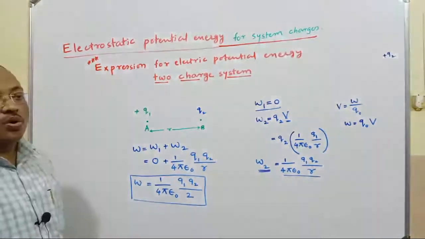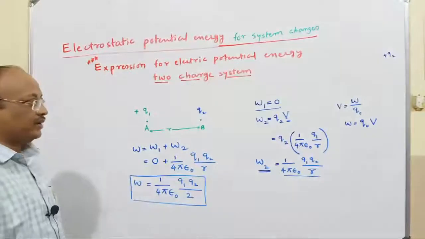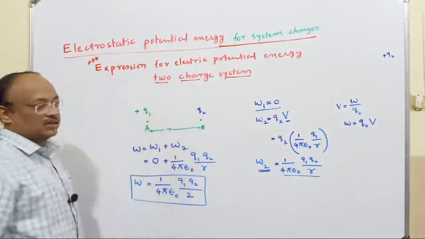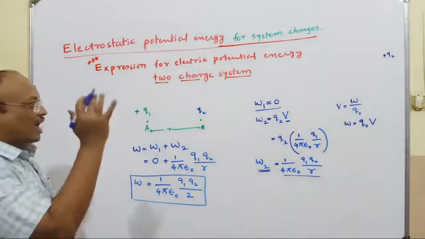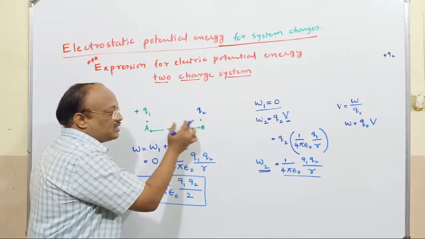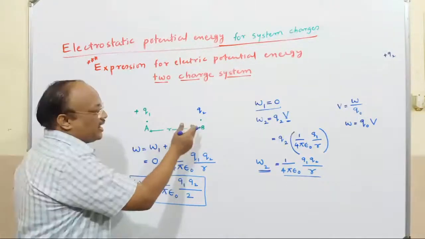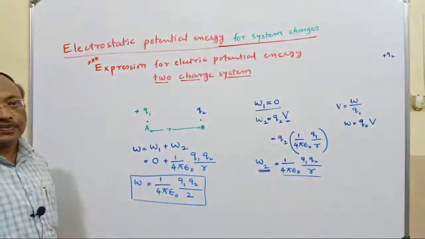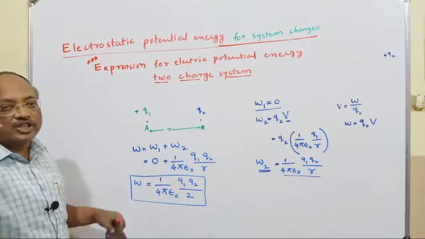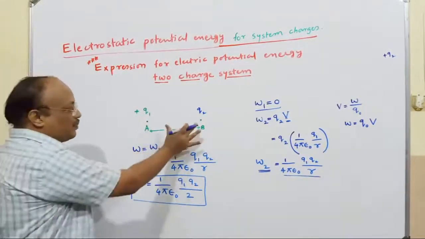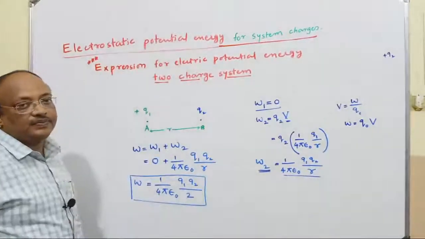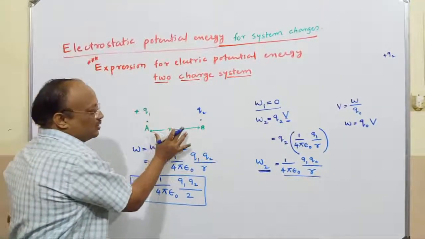This is the total work you are doing to generate a system of two charges, to assemble the two charges at these locations A and B. What amount of external work you are doing to assemble them at these locations by bringing them in from infinity.